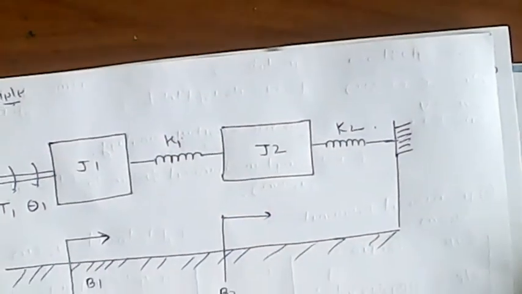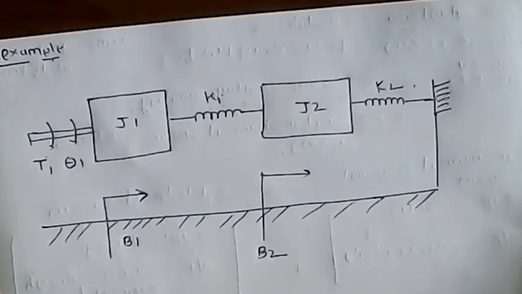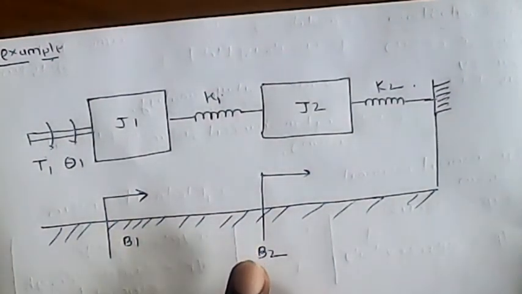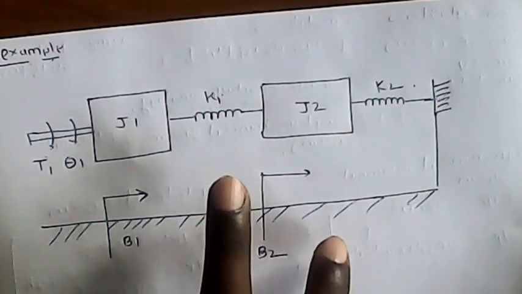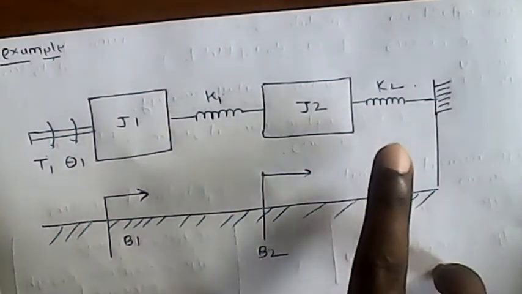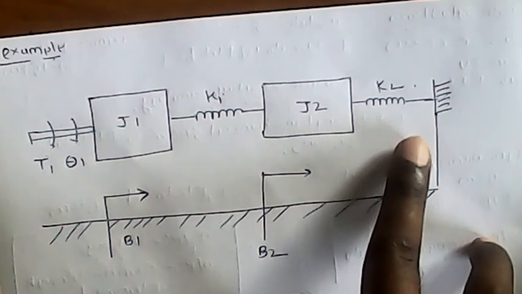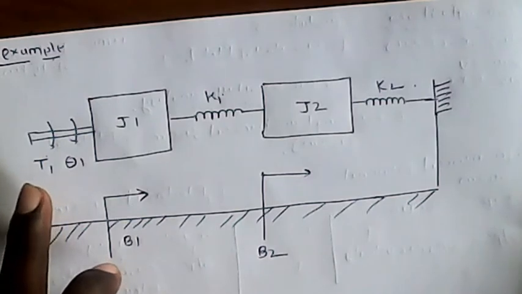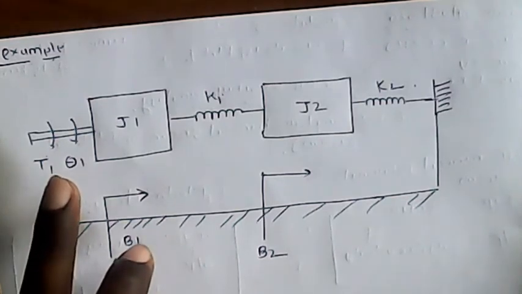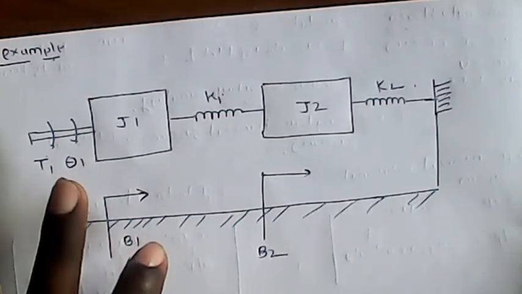In this example, we consider two masses J1 and J2, which are connected by a common spring, K1, and another spring, K2, which is fixed at the other end. We apply the torque T1, and the angular displacement theta produced by this torque, to the mass J1.